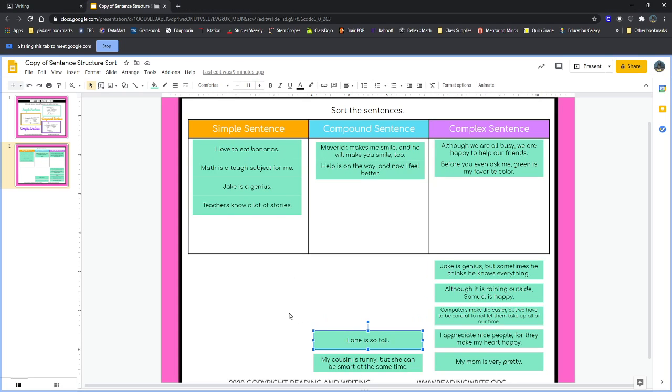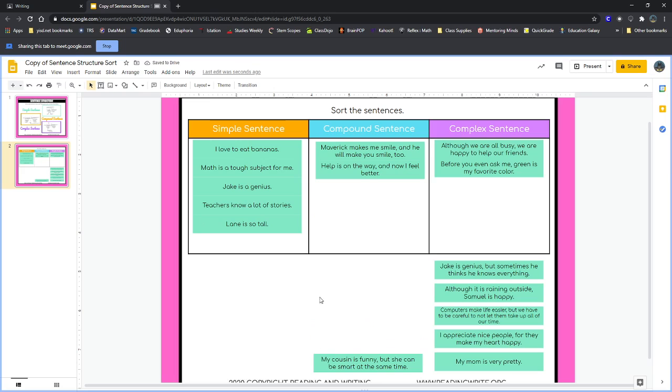Okay. Lane is so tall. Christopher. Simple sentence. Lane is so tall is a simple sentence. My cousin is funny, but she can be smart at the same time.